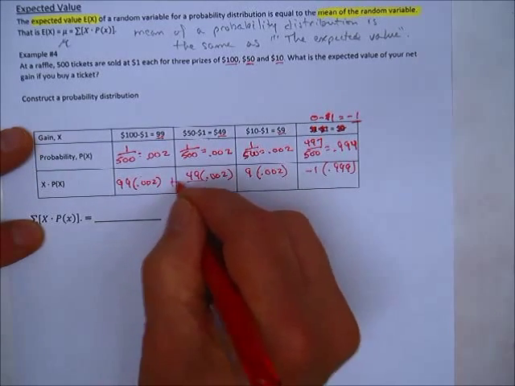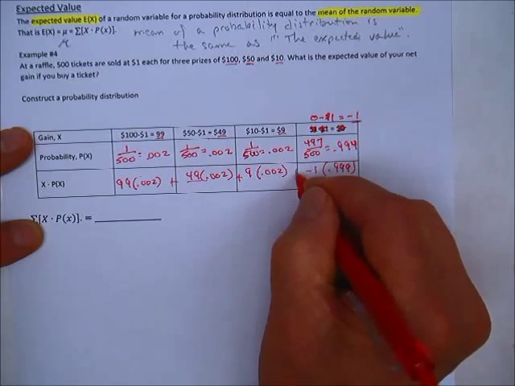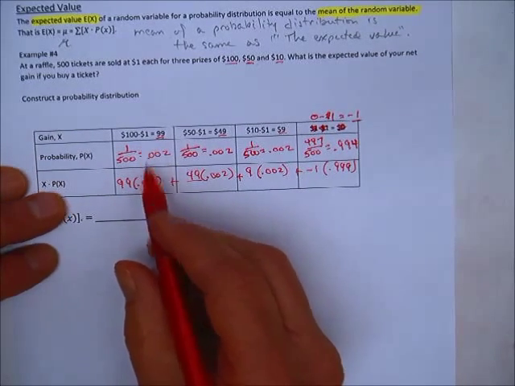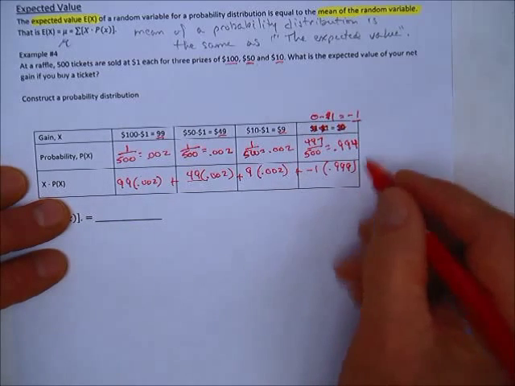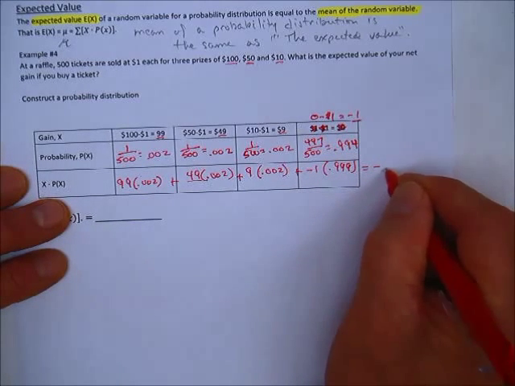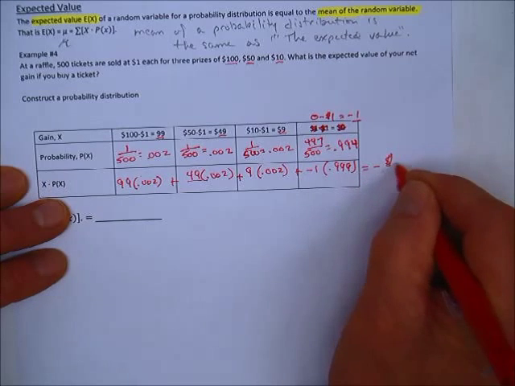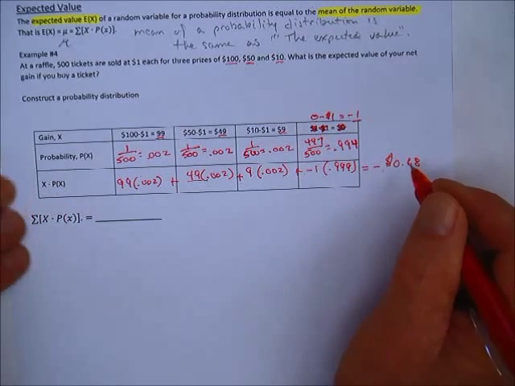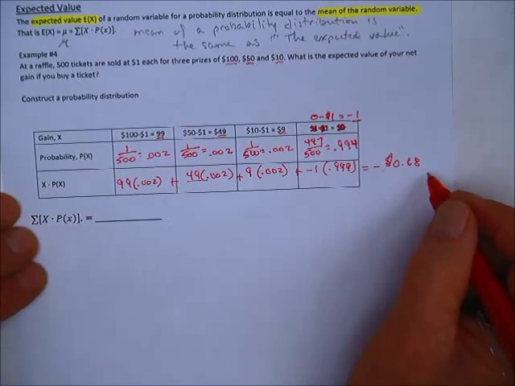If we add all these up, because that's what the mean is going to be, the sum of the x times its probability, we get -0.68. So your expected value would be -68 cents.